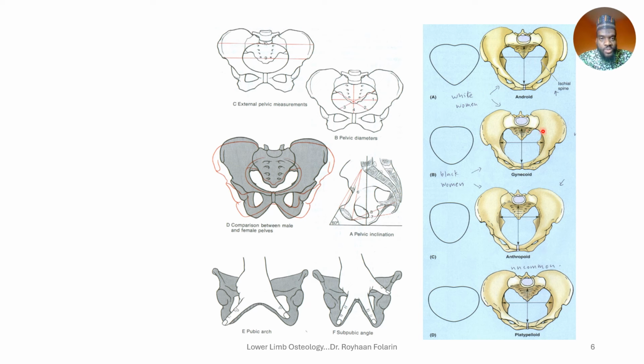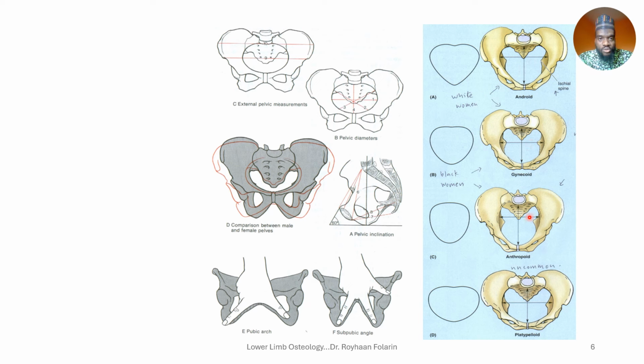It has a rounded pelvic inlet, as you can see here, and a wide transverse diameter, as well as a spacious pelvic outlet. These features allow for optimal passage of the fetus during labor.